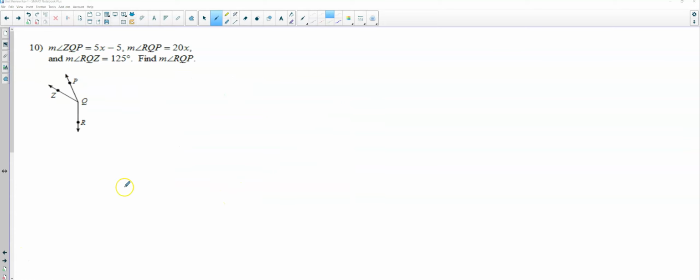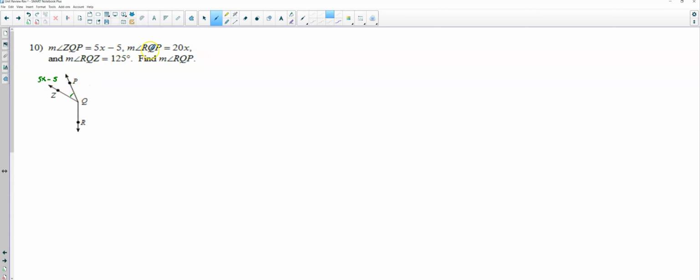Not a problem. Okay, here is one more. I got the measurement of angle ZQP. ZQP is this angle right here. That would be 5x minus 5. So 5x minus 5. That's in green right there.